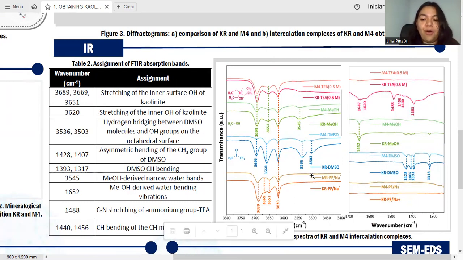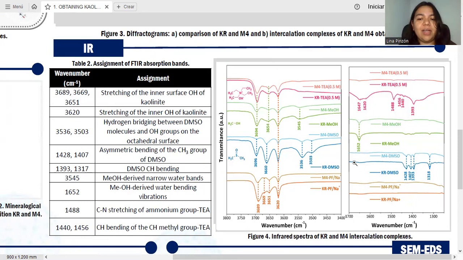Then, for M4 and Kr, two new bands appear for the complex with DMSO that correspond to the hydrogen bonds between DMSO and the OH groups on the octahedral surface of the clay. For the complex with methanol, the disappearance of the DMSO signals and the presence of water molecules derived from methanol are observed, indicating the formation of methoxykaolinite.